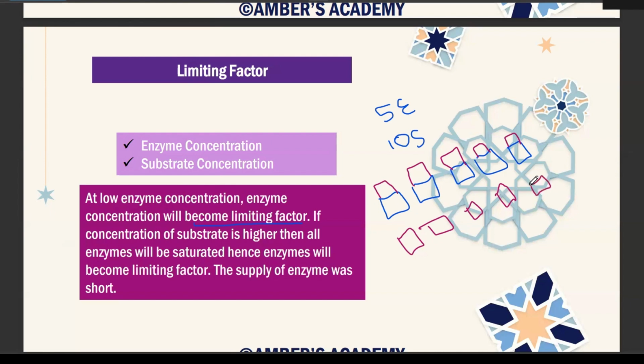Are you able to understand? If you increase the concentration of substrate, let's say there are 5 extra substrates over here, we do not have 5 more enzymes. So the 5 enzymes already present in this reaction are now all saturated. Saturated means that there is no more capacity for other substrates to be entertained, right? Make sense?